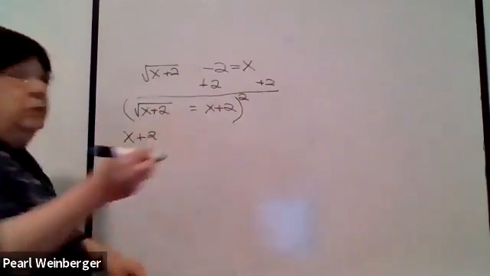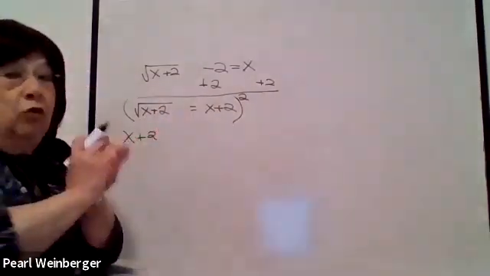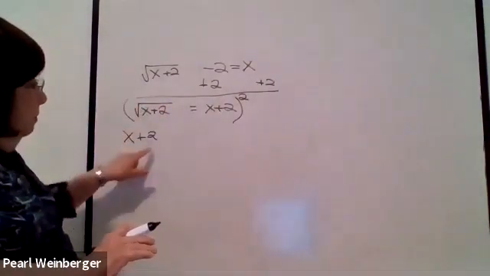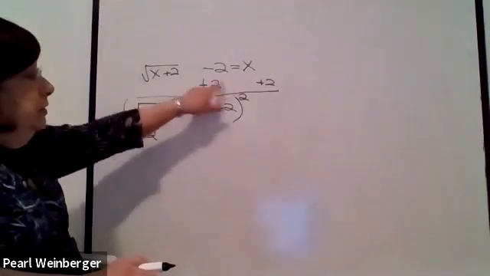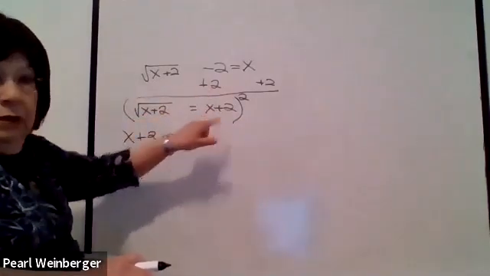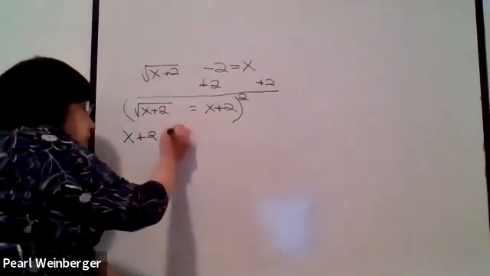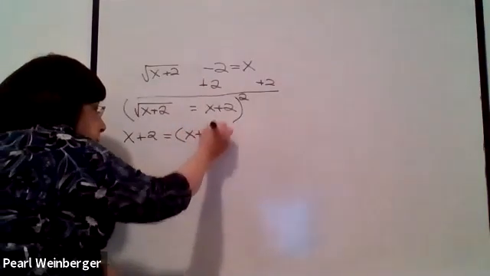That's the whole point. When you square something with a square root over it, all it does is it removes the square root. It looks complicated, but it's really easy to do. On the other side, there's no square root sign, so I actually have to do the squaring. I actually have to multiply the x plus 2 by itself.